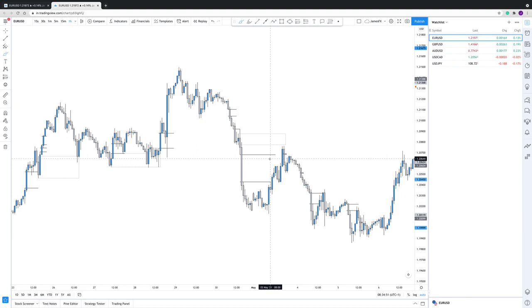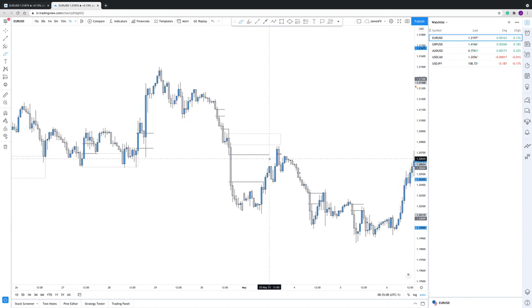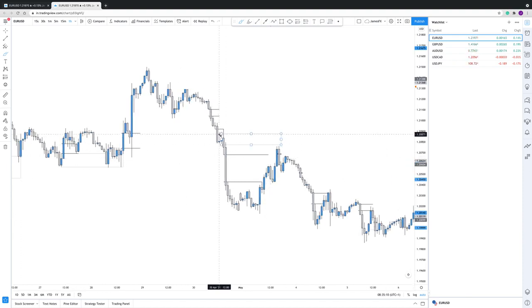Now with imbalances, what we can do is just use them as extra confluence when looking at a trade. I never recommend you trade solely off imbalances, because it's simply not enough of a confluence to trade in. So it's better to use it like this: if we're looking at this as our hourly time frame, we have a push down, a pullback, and a new low. So this would be our lower high where we can look to get short from.